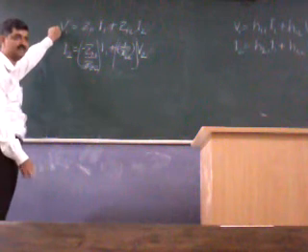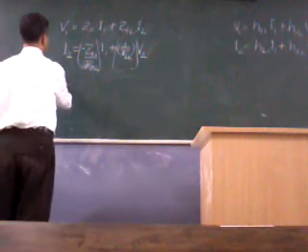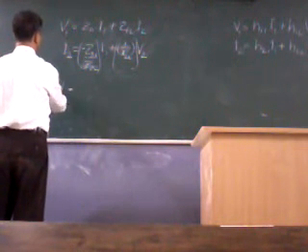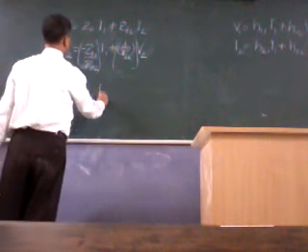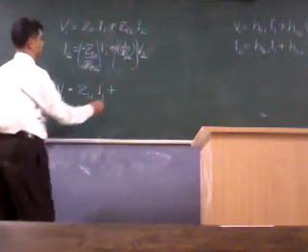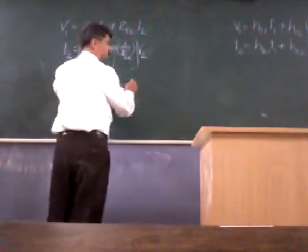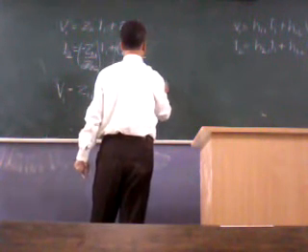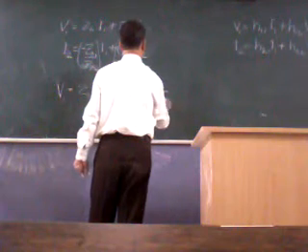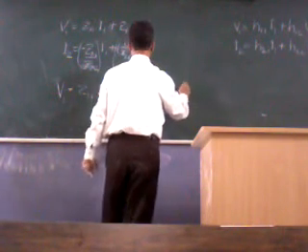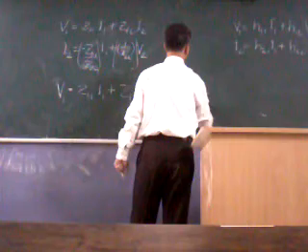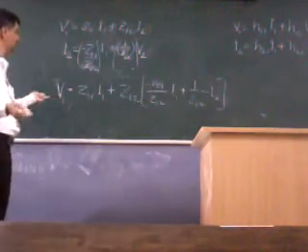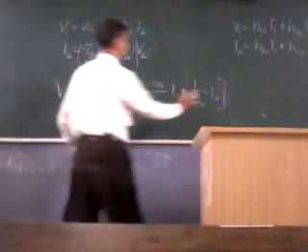So first equation I can rewrite again as V1 is equal to Z11 I1 plus Z12 into this, minus Z21 upon Z22 I1 plus 1 upon Z22 V2.